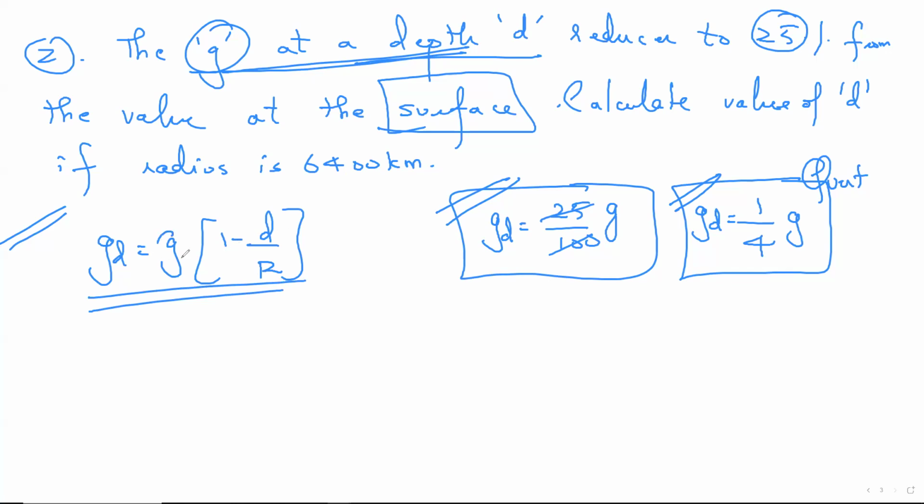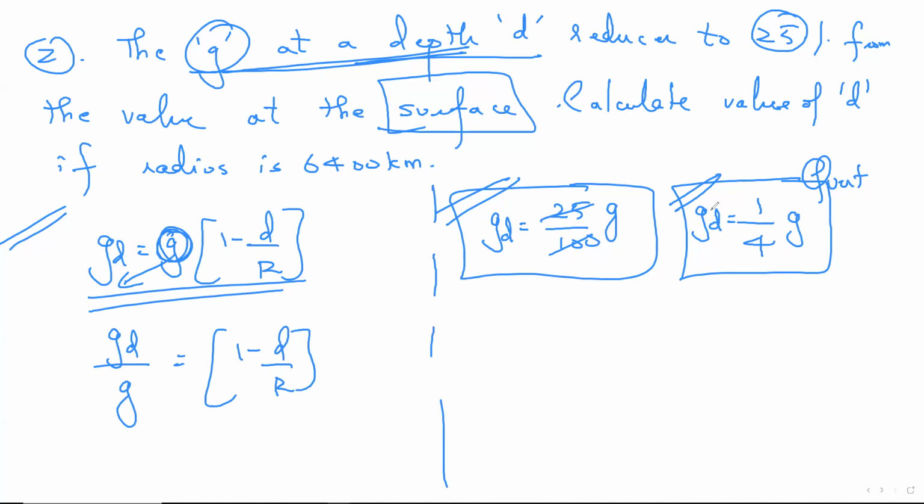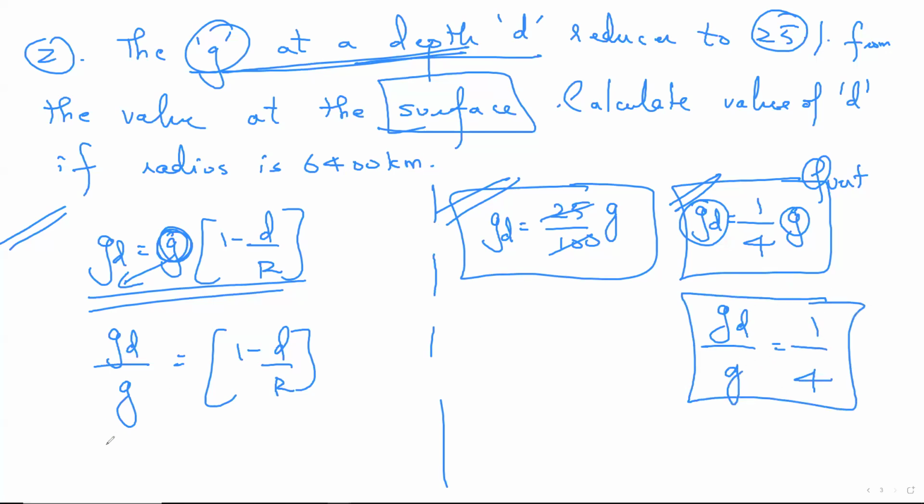Shift this G to the denominator. It becomes GD divided by G is equal to 1 minus D by R. Now, the same thing you do with whatever we have. If I shift this G to the denominator, it becomes GD by G is equal to 1 by 4. In simple language, I know the answer for my left-hand side right now.